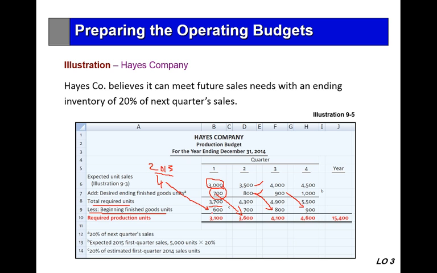Then we have here, what is the ending inventory of quarter 4? 20% of the next quarter. Quarter 4, next quarter here is quarter 1.